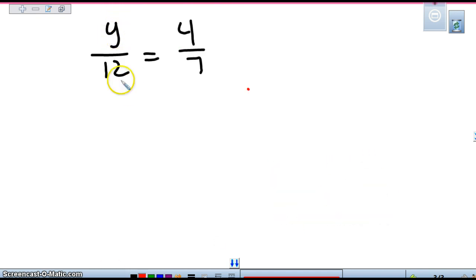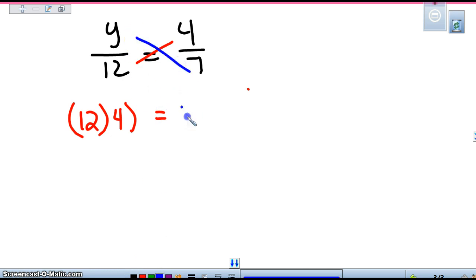If we have to solve y over 12 equals 4 over 7, we cross multiply 12 times 4. That would be equal to y times 7. This means 48 is equal to 7y.